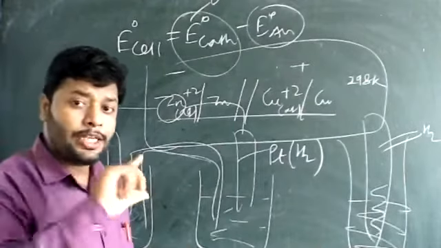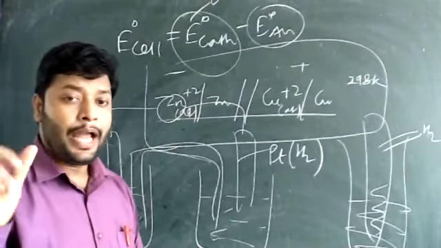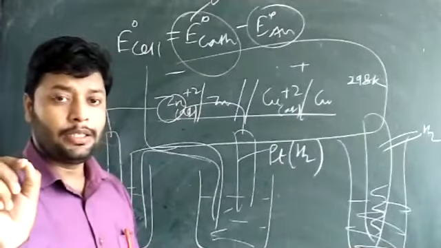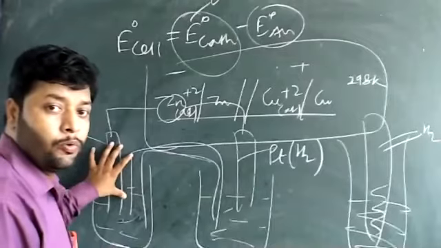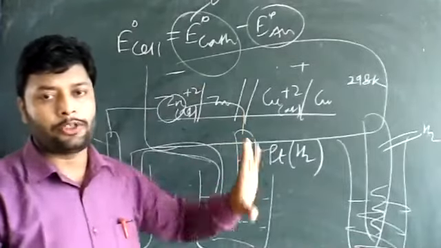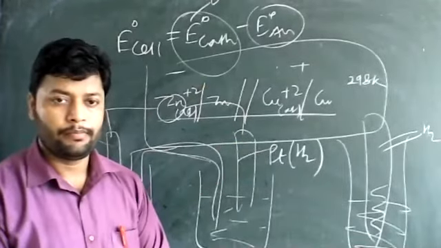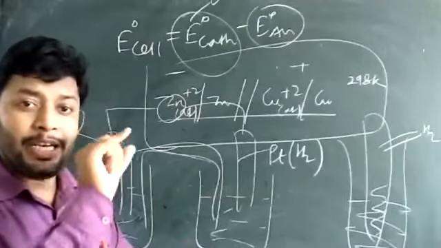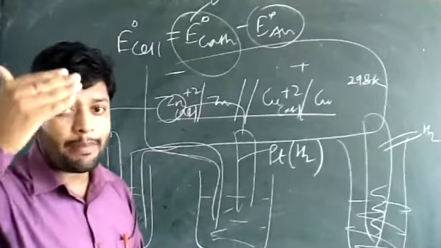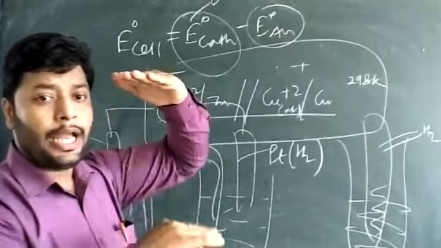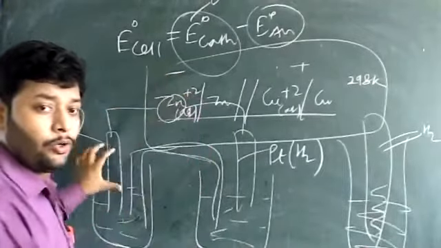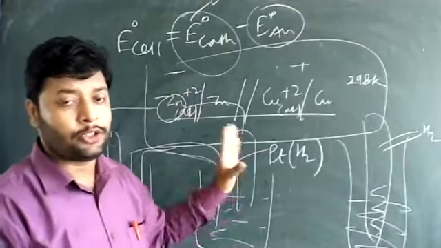So all those electrodes having a negative sign in the electrochemical series have to be placed below hydrogen, and they may act as anode compared to the hydrogen electrode.